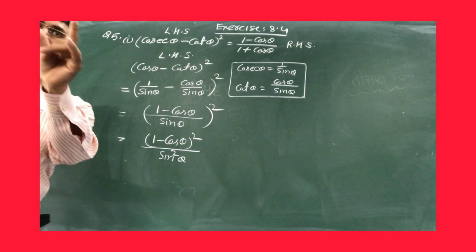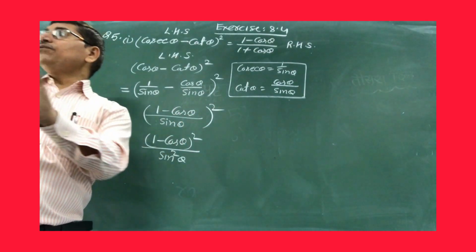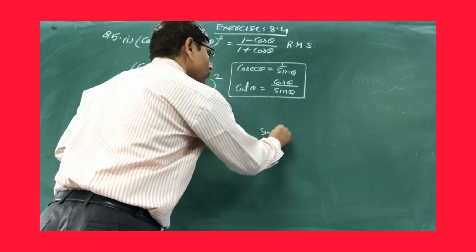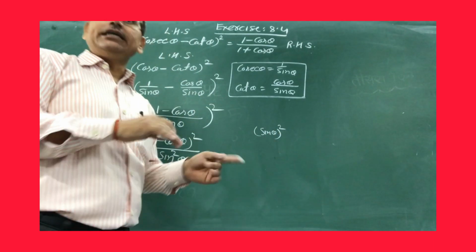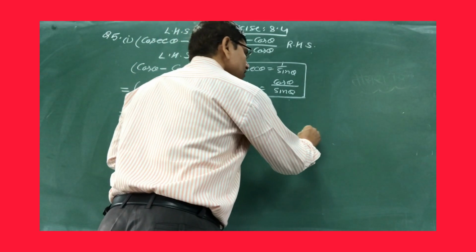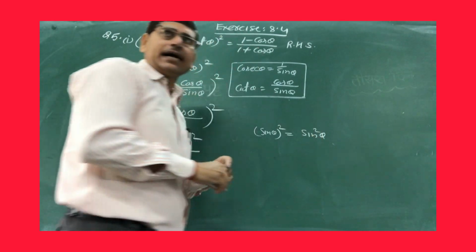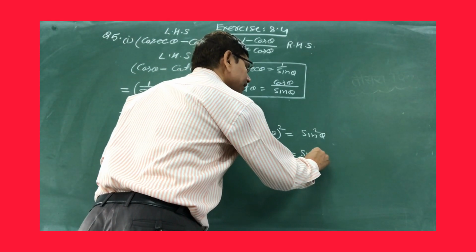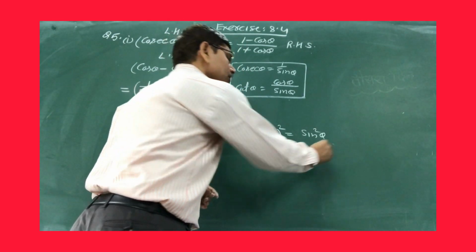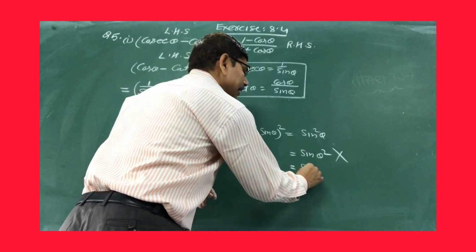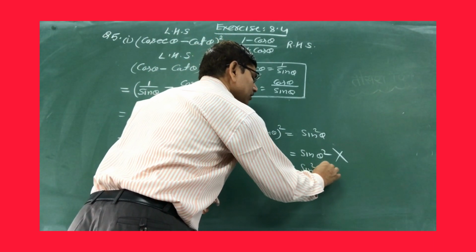But dear, keep in mind always that (sin theta) whole square is only and only written in the form sin square theta. You cannot write it as sin theta square. This is wrong. And you cannot write sin square theta square.